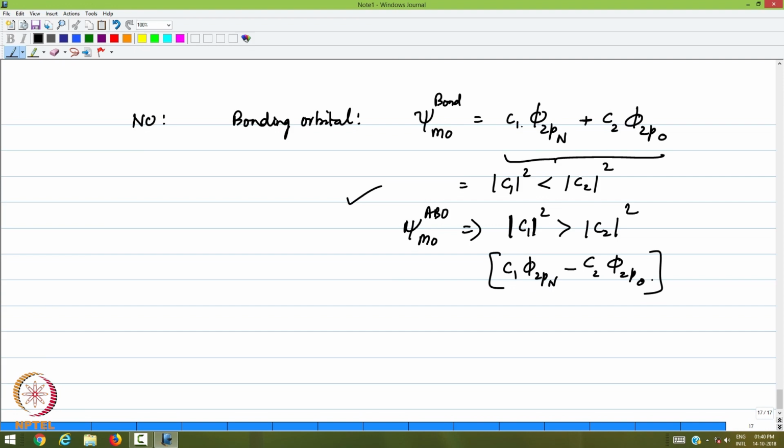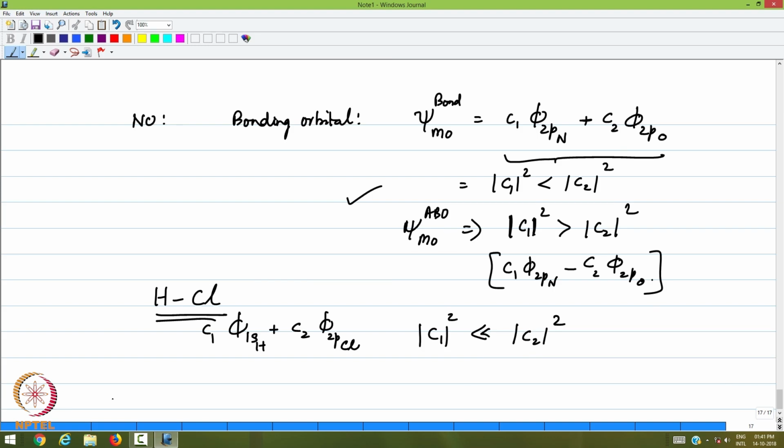And this also tells you qualitatively that if, for example, a molecule like HCl is to be expressed in molecular orbital combination, assuming that we can locate only one pz or p orbital of Cl, you would see the phi 1s of hydrogen, which is way higher in energy than the chlorine 2p orbitals. For the coefficients C1 and C2, with phi for hydrogen and the 2p for chlorine, you would see that C1 squared is much less than C2 squared for the bonding orbital, meaning that the electrons are more likely to be in the chlorine orbital.